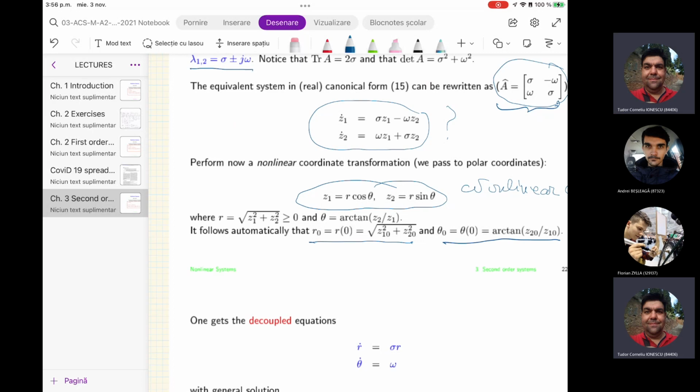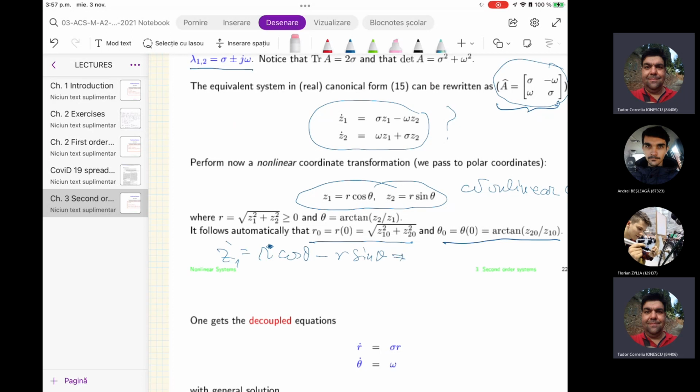Okay. So you get z1 dot is r dot cos theta plus r, and actually we can apply the derivative now, minus r sine theta times theta dot.